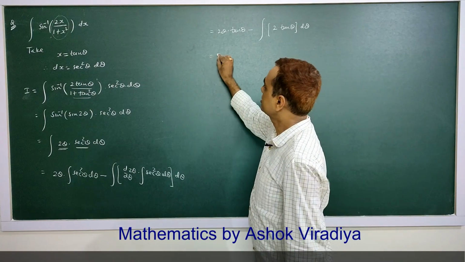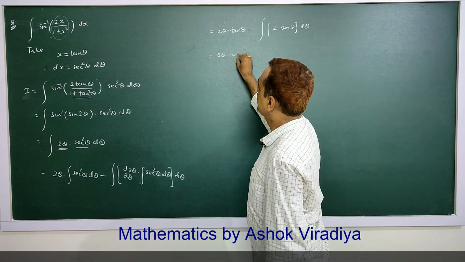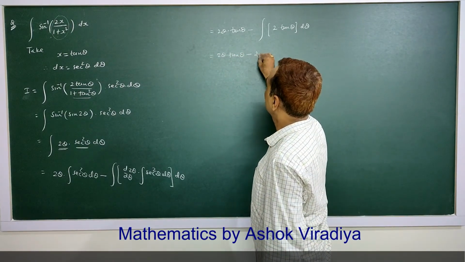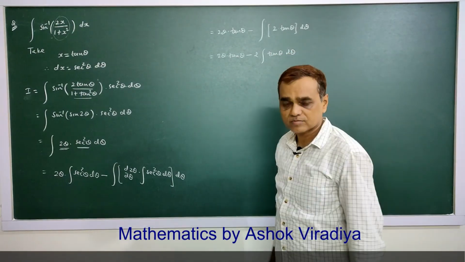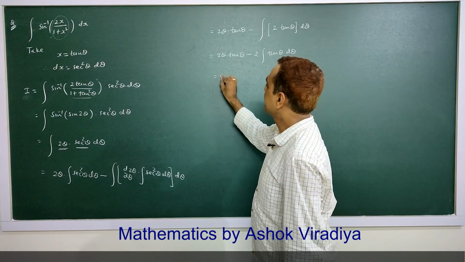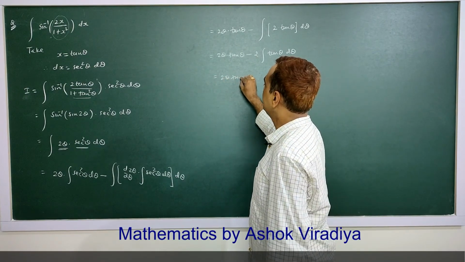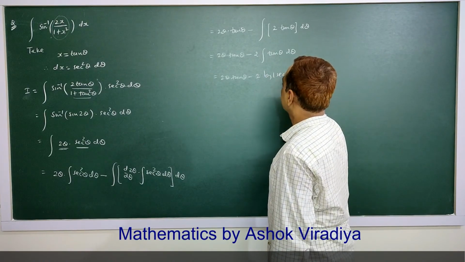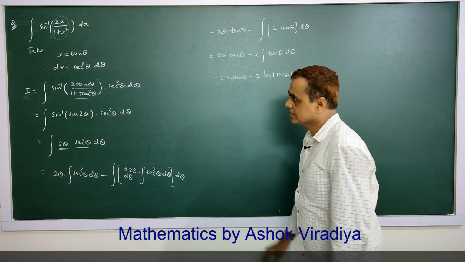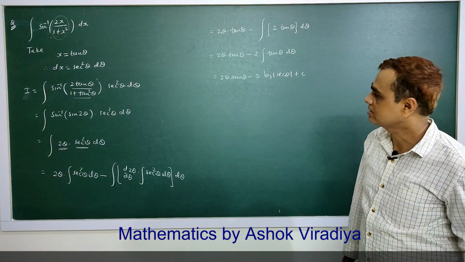So that is 2 theta tan theta minus 2 into integral of tan theta. Now it is integrable. Integral of tan theta is log mod sec theta plus c. C we keep at last.